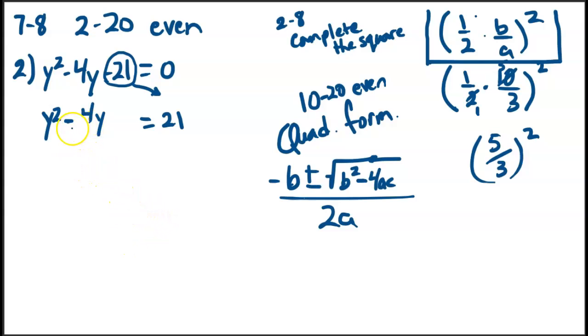We take the -4 and we put it into our magic machine, or we take half of -4. Half of -4 is -2. We square that and we get +4, right? But we have to add that to each side.